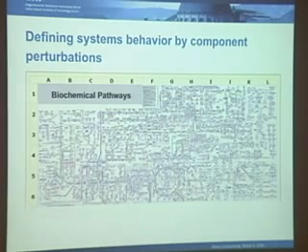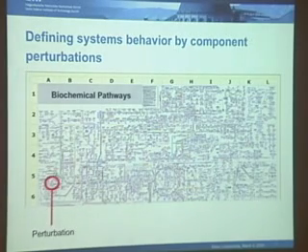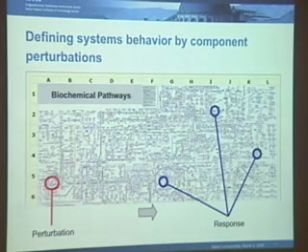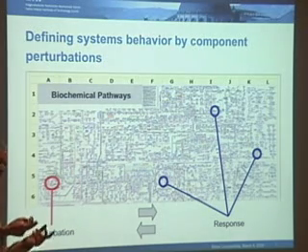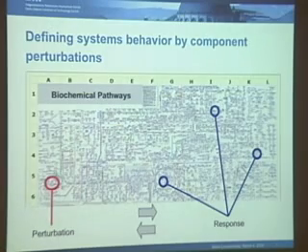And a way to understand this is you set perturbations, and then these perturbations give responses, and then hopefully from these responses you can infer the cause of the perturbation, or what you have actually perturbed, and mechanistically how this works.